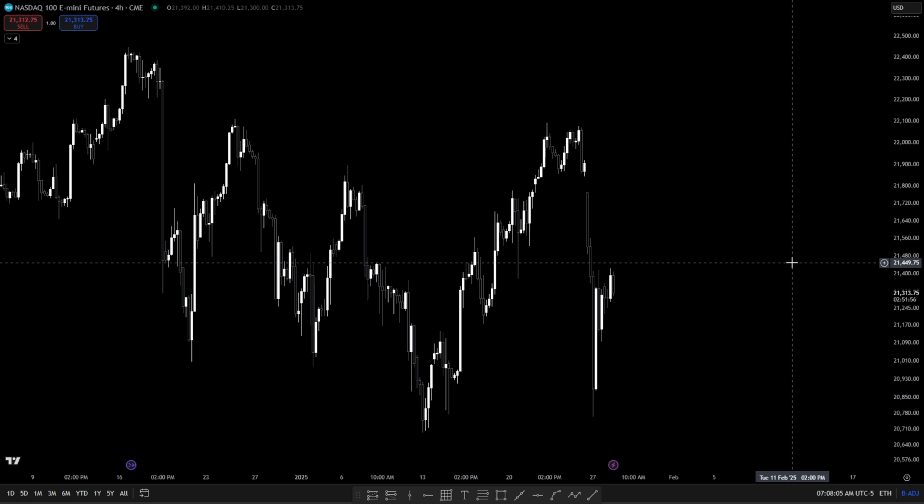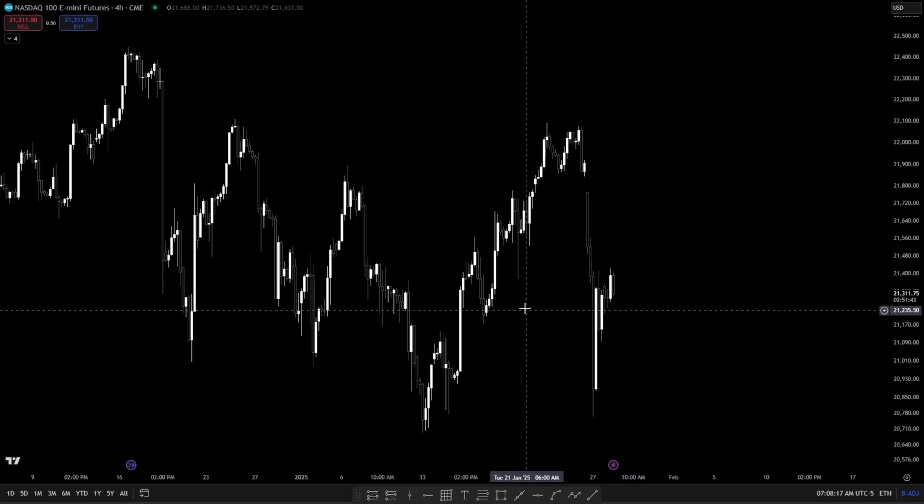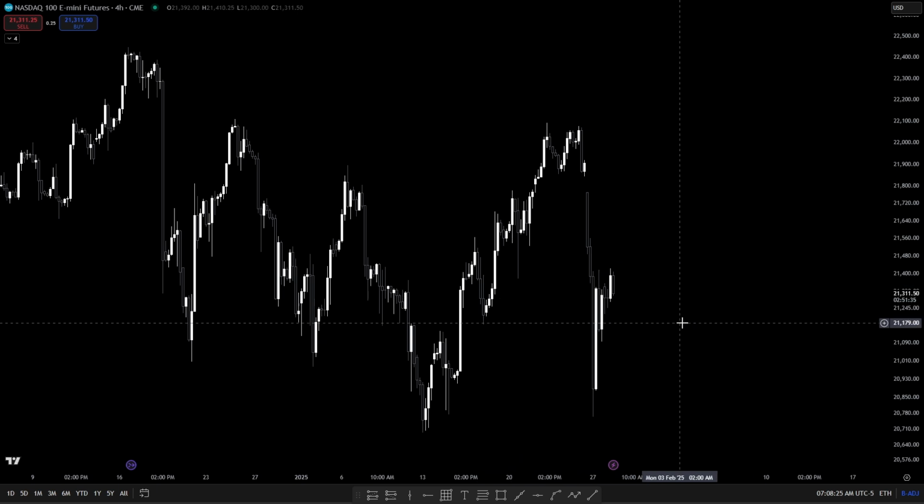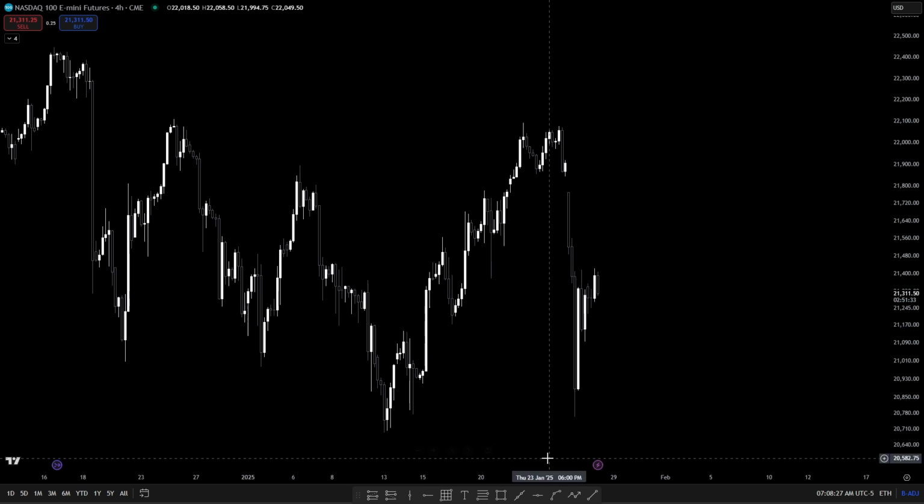Because without a draw on liquidity, without a direction you think the market is going towards, there's no point in even taking a trade to begin with, because that's gambling, basically. So your draw on liquidity is the most important part. It should be the most important thing and the biggest thing that you work on, to focus on, to refine as a trader, in my opinion.